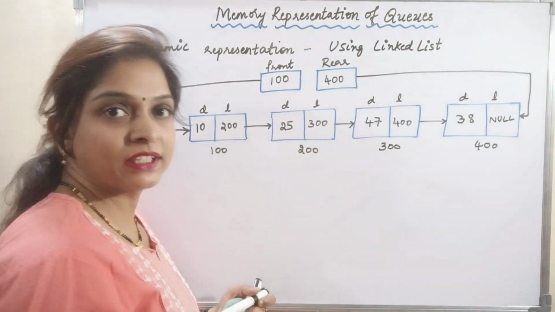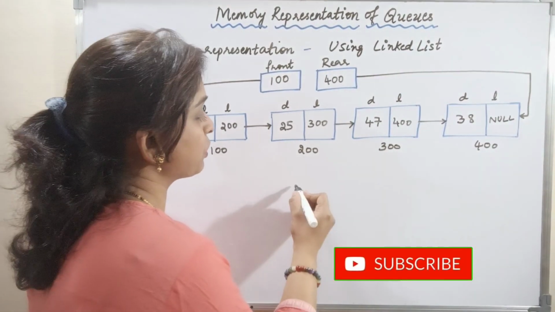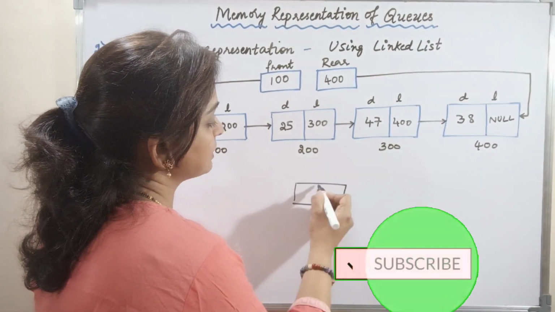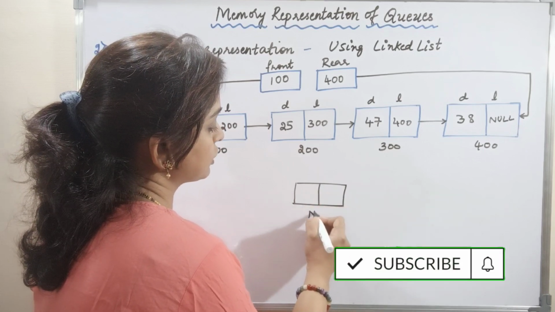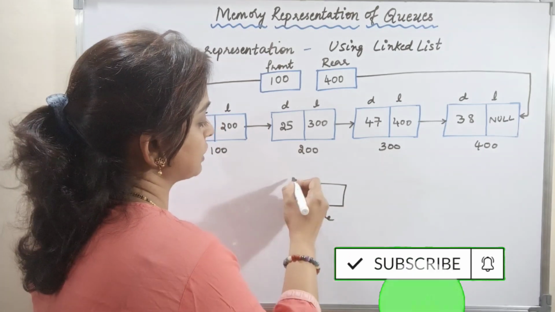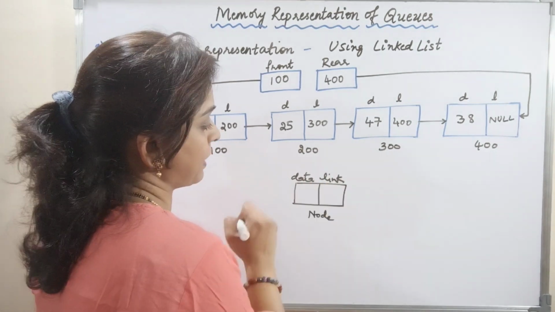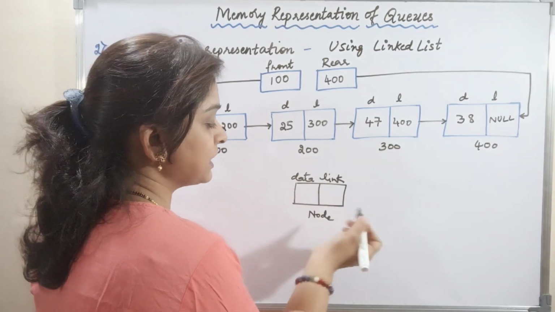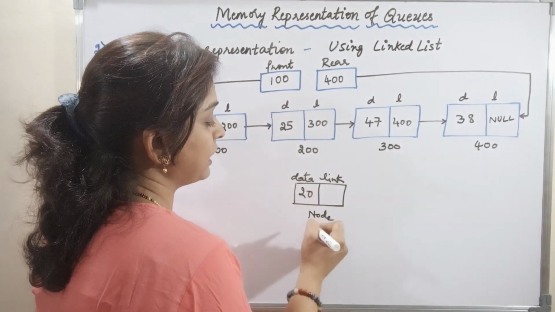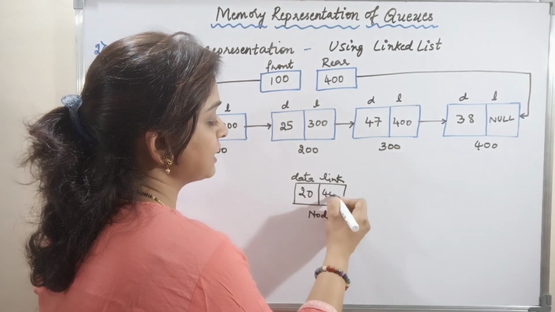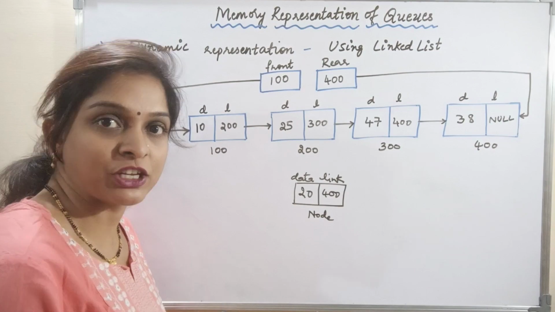As we all know, in the linked list we have something called a node structure. A node is a user defined structure which has 2 parts. One is the data part, the other one is the link part. The data part contains the data, say something like 20, and the link part contains the address of the next node.